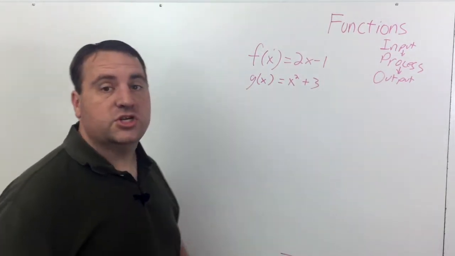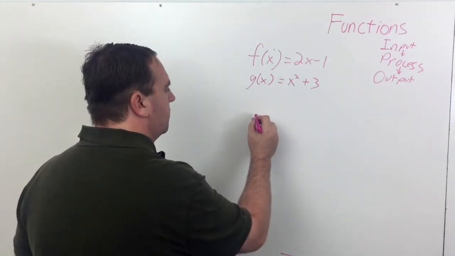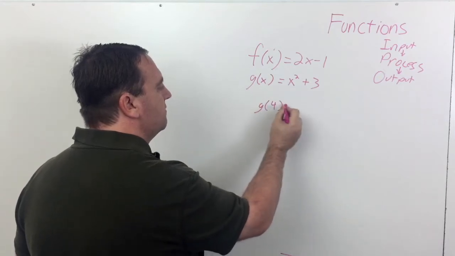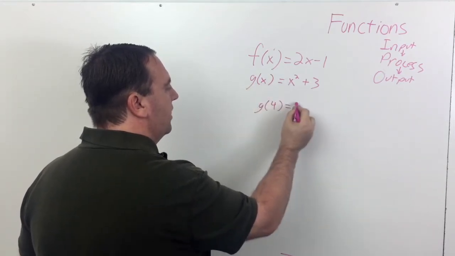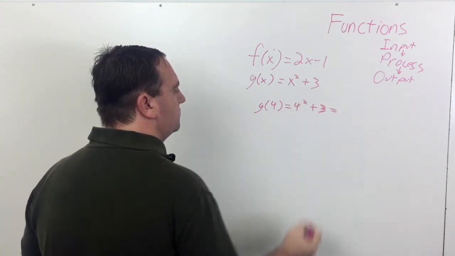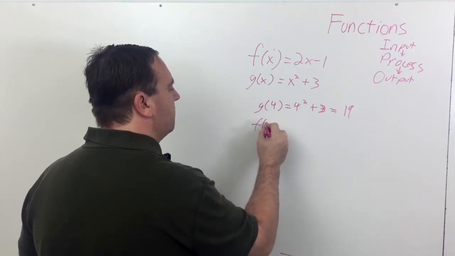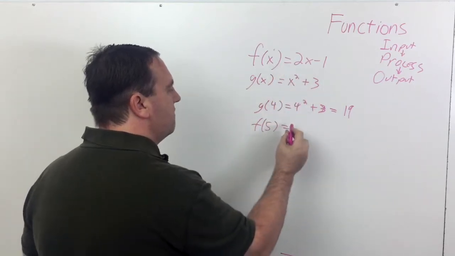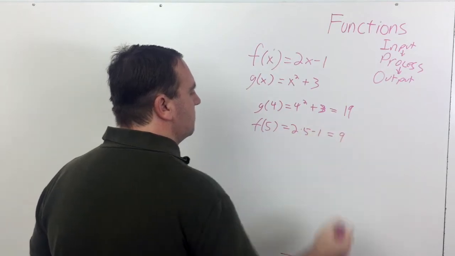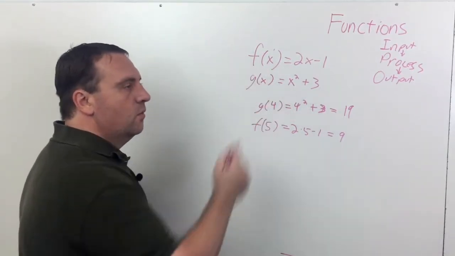Okay, so now we have two machines. So let's say g of 4. Well, 4 is in for x, so that's 4 squared plus 3, and that's going to be equal to 19. So what's f of 5? So f of 5 is 2 times 5 minus 1, and that's going to be 9. Okay, so we can have as many machines as we want. We just have to define what they are.